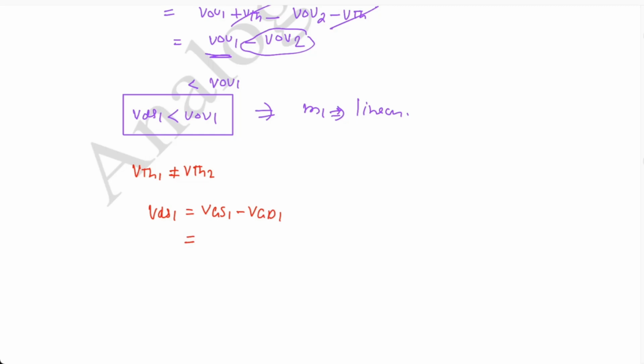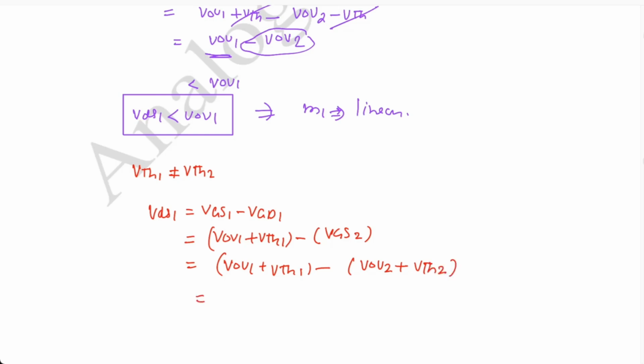VGS1 will be Vov1 plus VTH1, and VGD1 is VGS2. So this will be Vov1 plus VTH1 minus Vov2 plus VTH2.